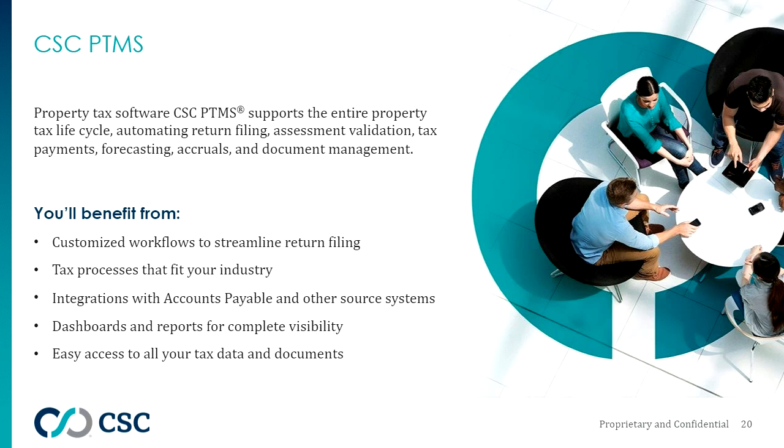It works to manage real and personal property tax compliance across the United States and Canada. It creates returns for virtually every industry, from big accounting firms doing compliance on behalf of their clients, to airlines, leasing companies, and everything in between. PTMS is the most widely used property tax software in North America, with over 70% of the companies who use software using PTMS.